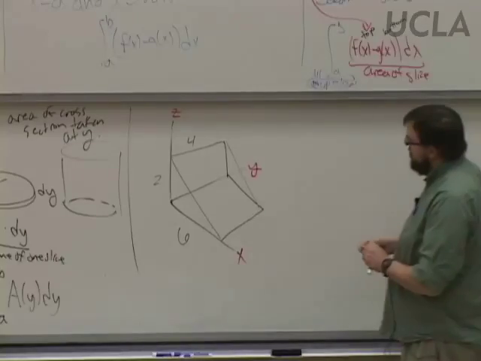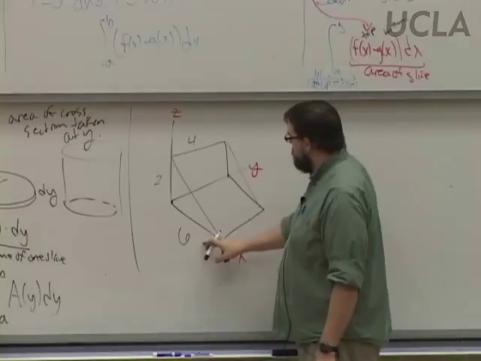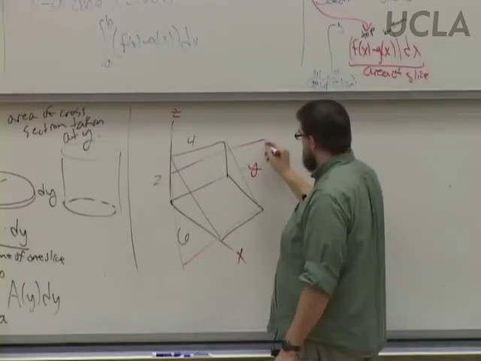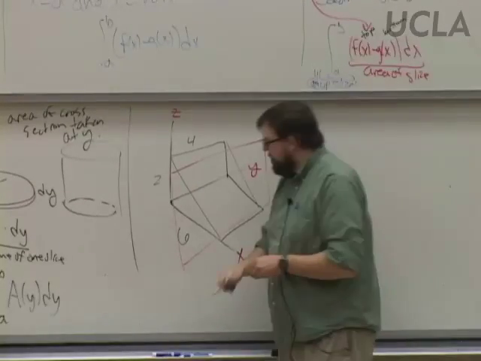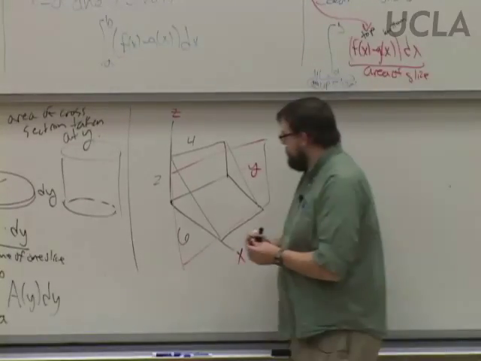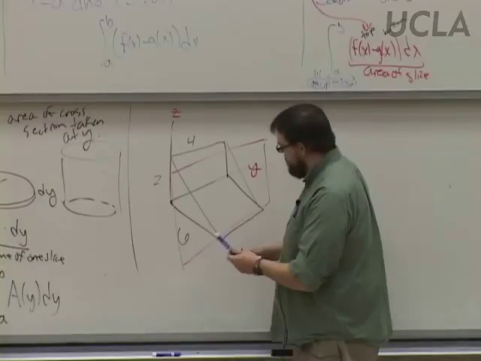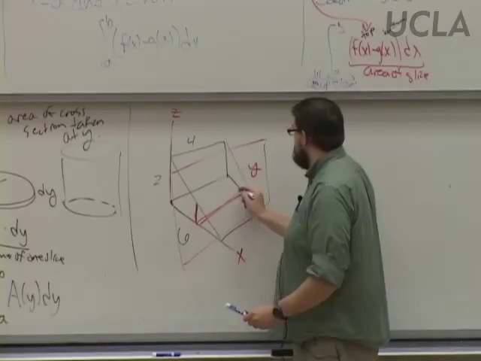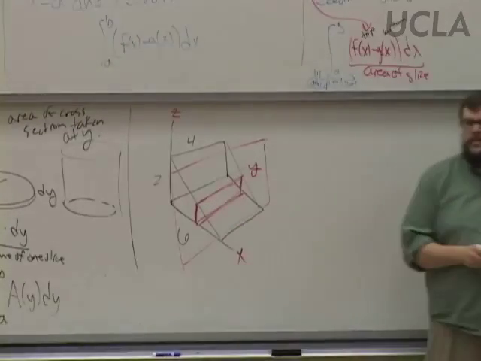Now, one way that I can take slices is with respect to x. So if I take a slice with respect to x, in other words, I'm moving my slicer back and forth along the x direction, when I take a slice, what do I get? Okay, I need more colors here. I'll use red. Take a slice in the x direction, the shape I get is this rectangle.